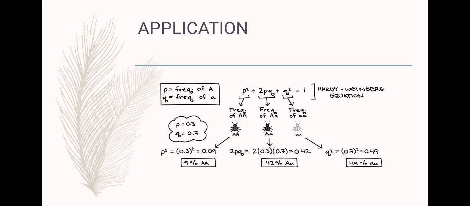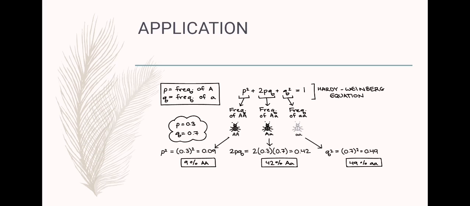Okay? Next, here is the application. So for example, letter p is the frequency of the dominant allele, and q is the frequency of the recessive allele. Now, using the Hardy-Weinberg equation, p squared would be equal to the frequency of the homozygous dominant. 2pq is the frequency of the heterozygous, and q squared is the frequency of the homozygous recessive.